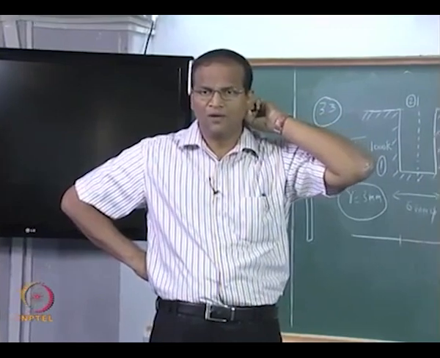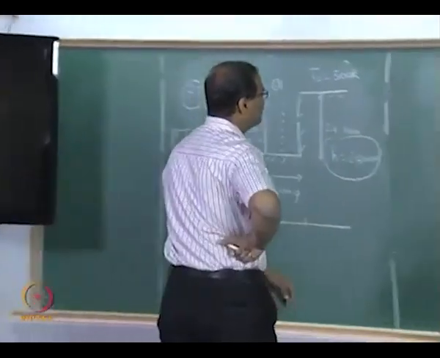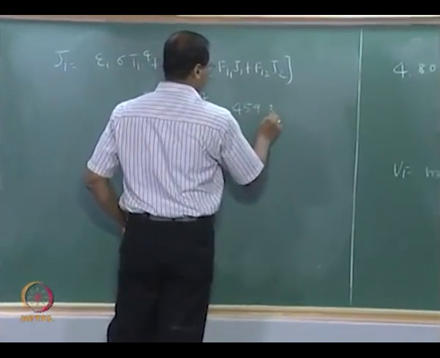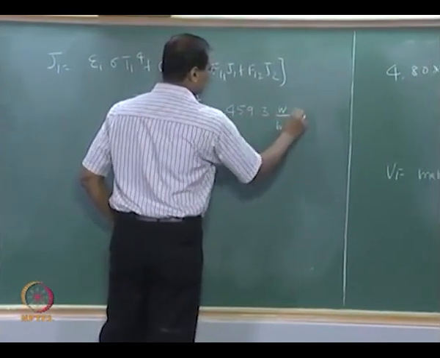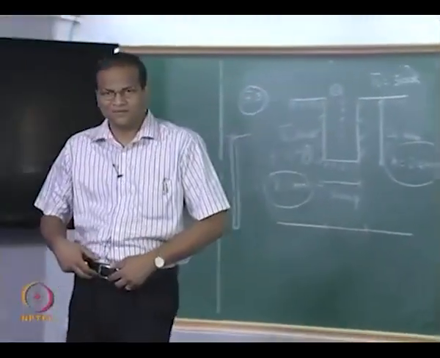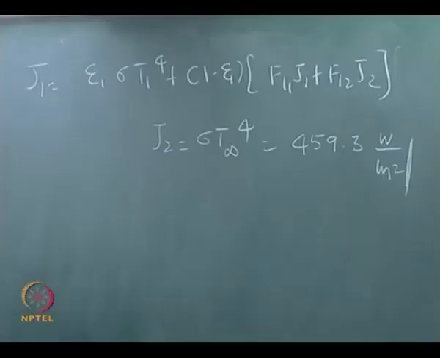.3, huh? So certain values you should remember. For 1000 Kelvin you will get 56,700 watts per meter square. That is clear, 5.67 10 to the power of minus 8, right, into 10 to the power of 12. Okay.